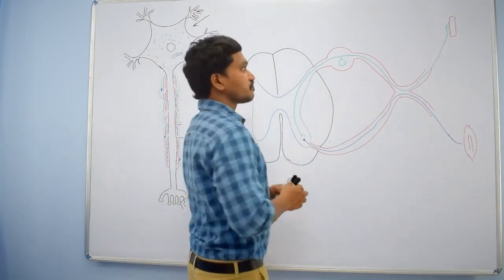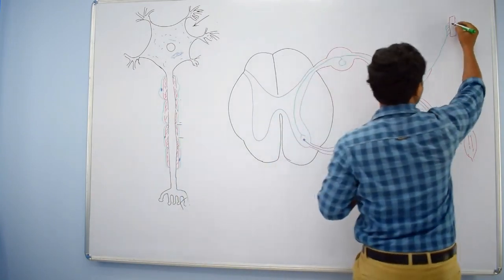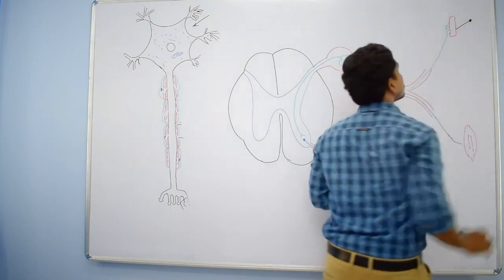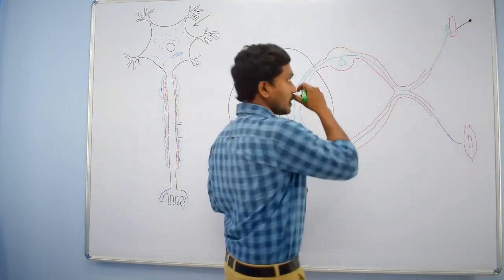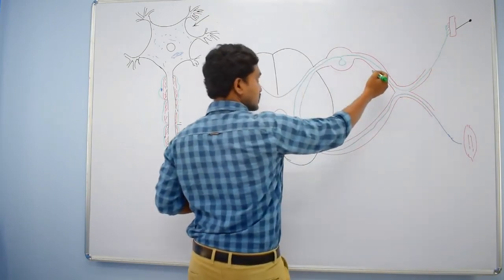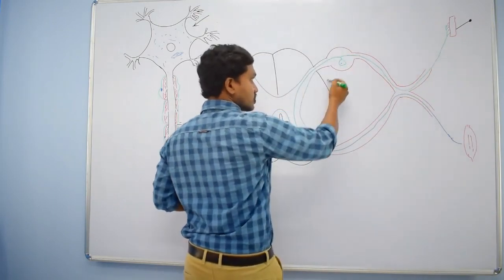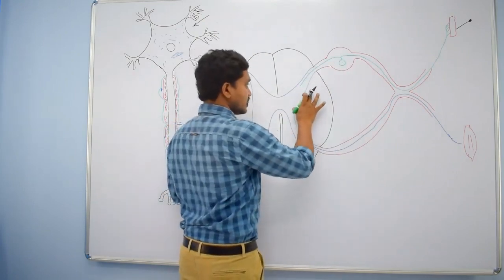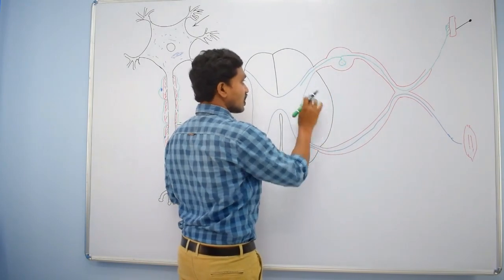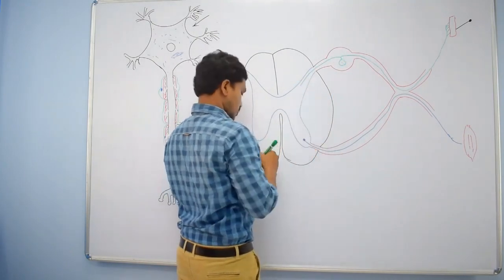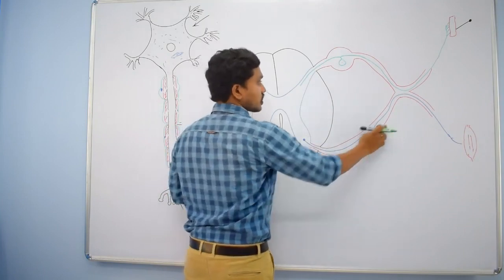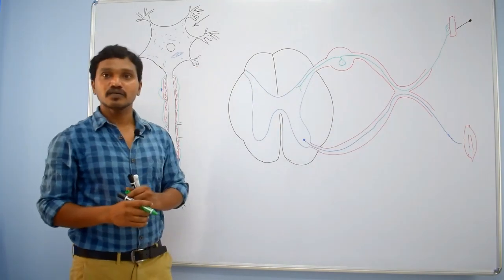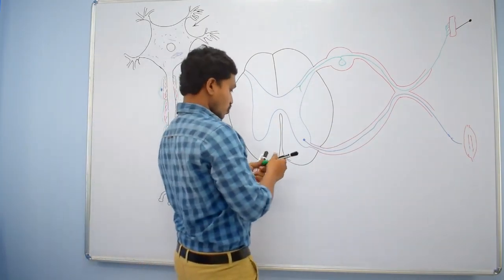At that time, the receptor is stimulated by pin pricking, then that information or those impulses pass through the dorsal root ganglionic cell, and here in between the sensory neuron and motor neuron, actually this is the motor neuron and this is the sensory neuron, in between the sensory neuron and motor neuron there will be one more neuron.